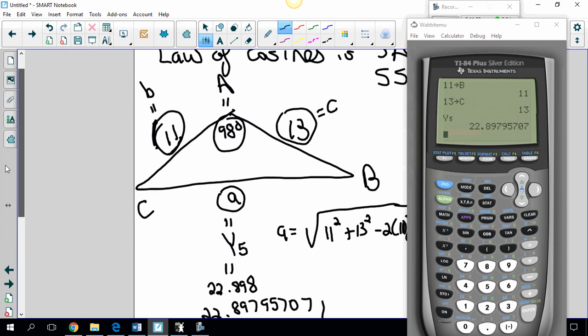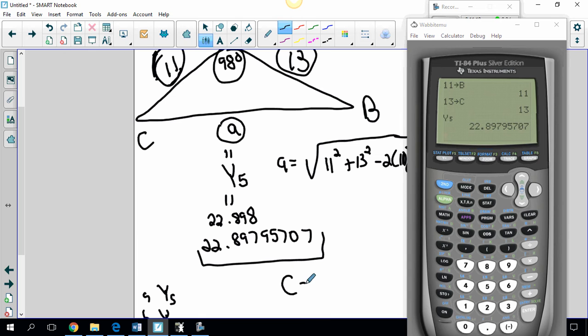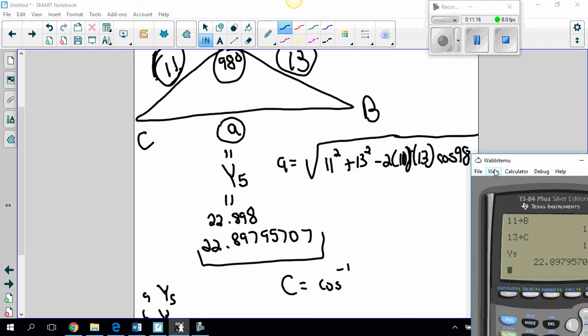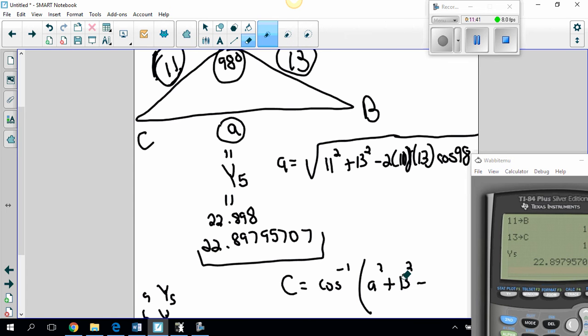If you want to find angle C, let's say C is inverse cosine of A squared, which we just found, plus B squared minus C squared, where B is 11 and C is 13, over 2 A 11.